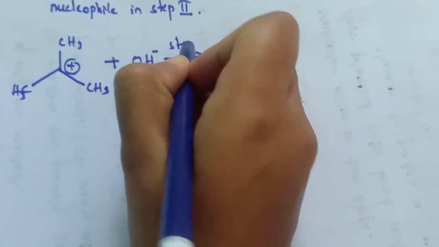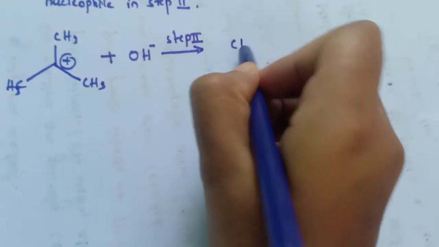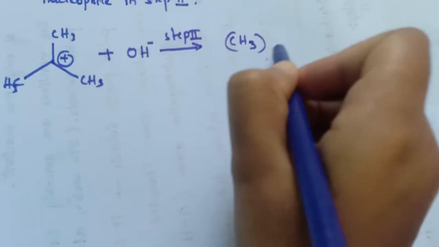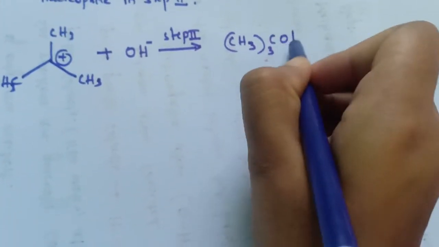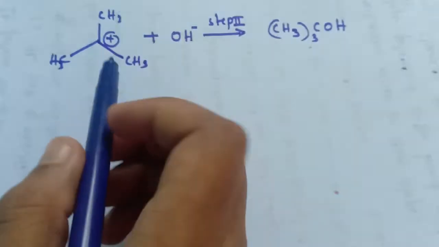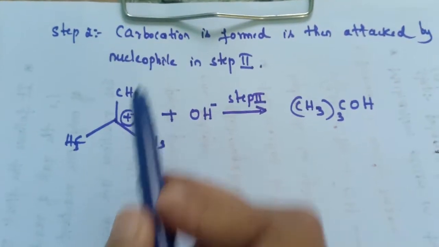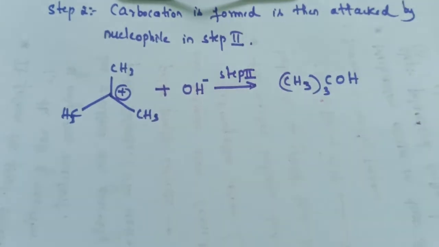This is step 2. It completes the second step and it also completes the substitution reaction. The carbocation is attacked by the nucleophile in step 2.